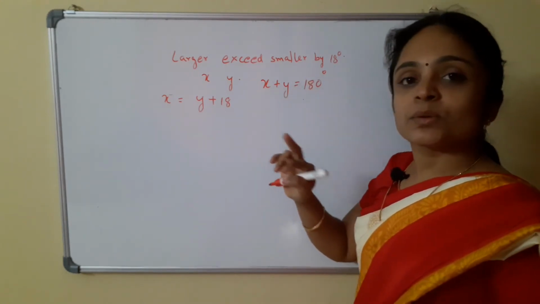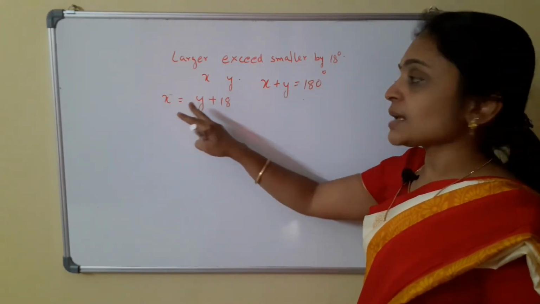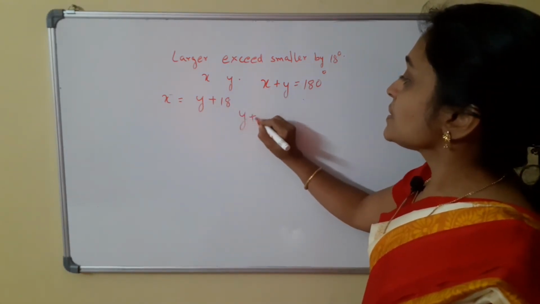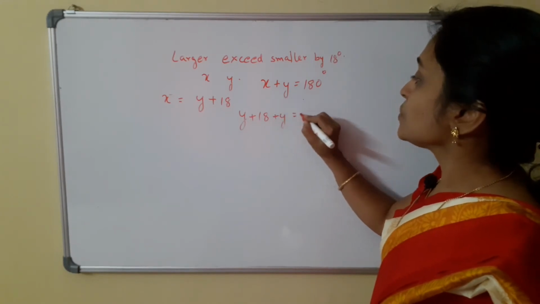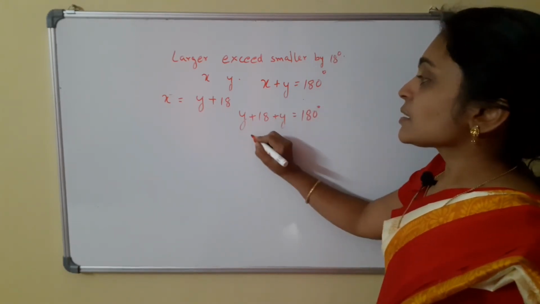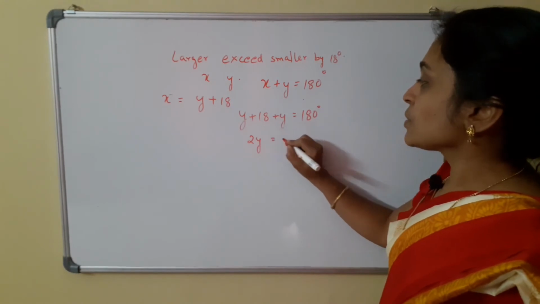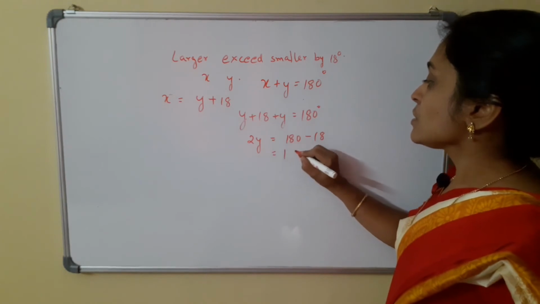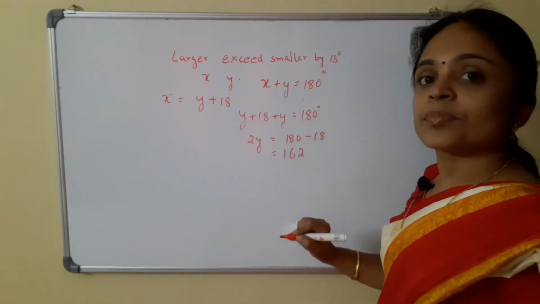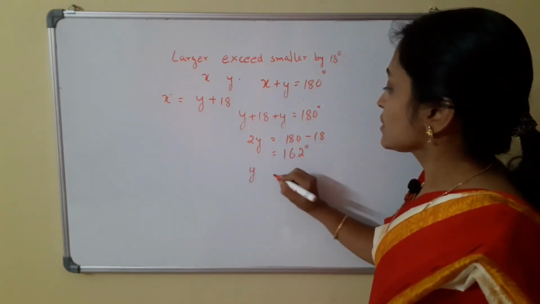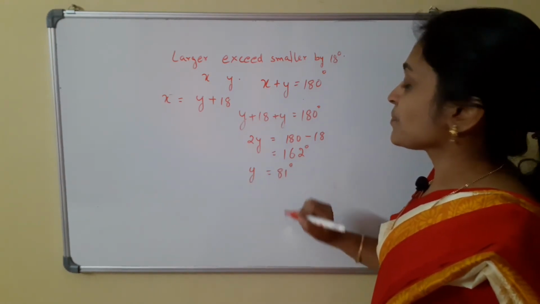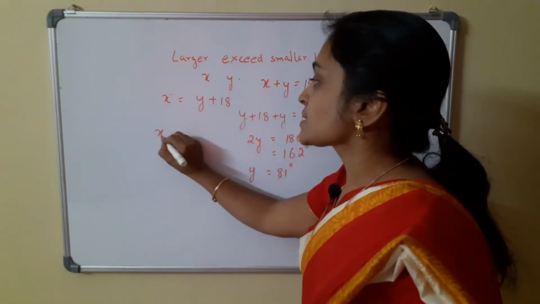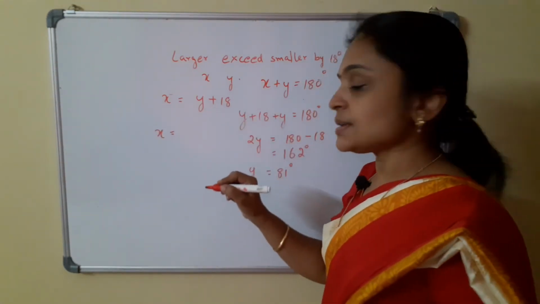So substitute for x here, y plus 18 plus y equal to 180. 2y equal to 180 minus 18. So 162. So what is y? 81 degree.